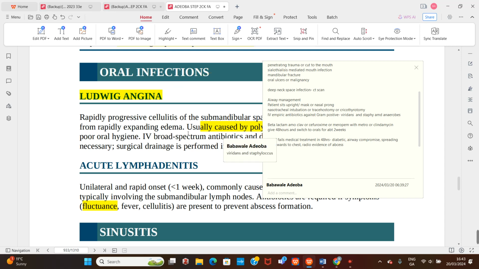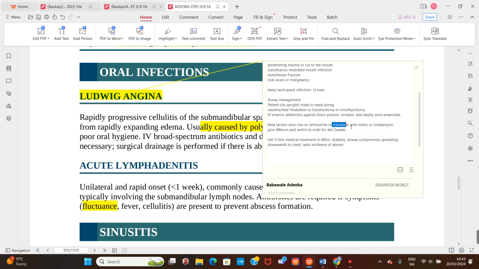So what are you going to do to treat an individual with this? You have to give IV empiric antibiotics to cover for the viridans, the staph, and the anaerobes that we have talked about. So you want to give amoxiclav for your gram-positive, or cefuroxime, or meropenem.